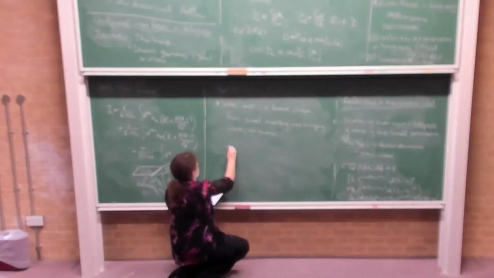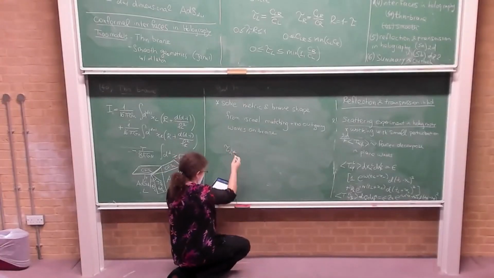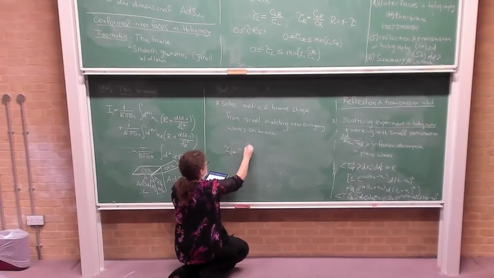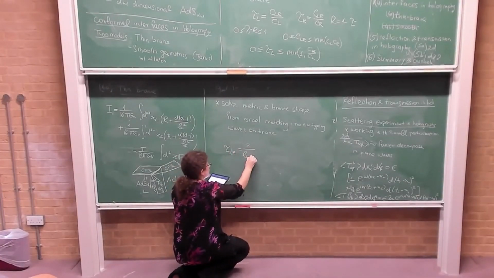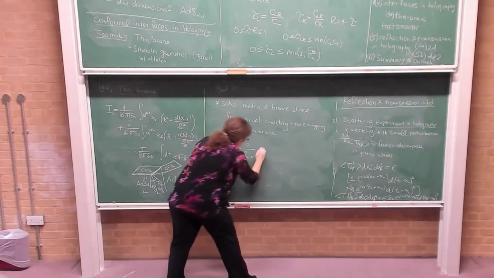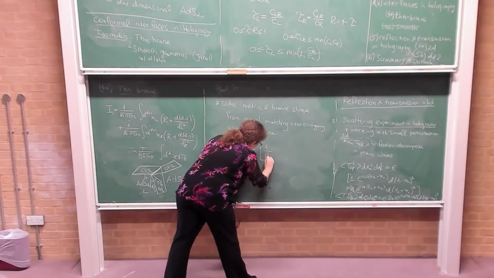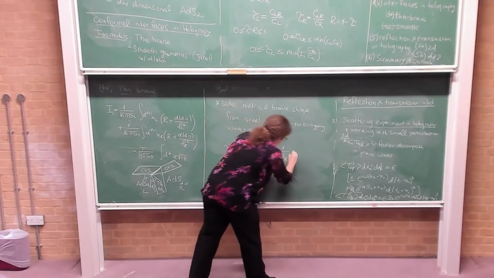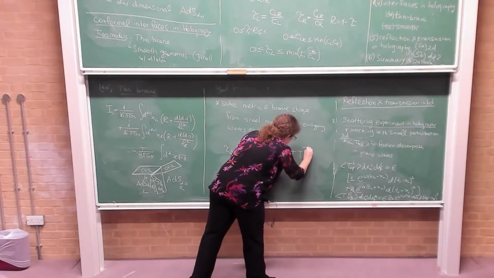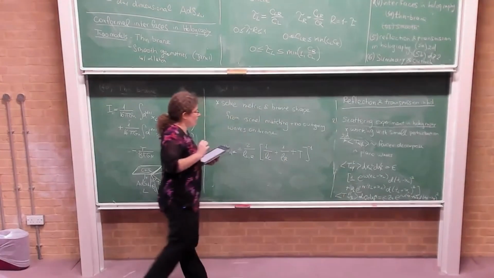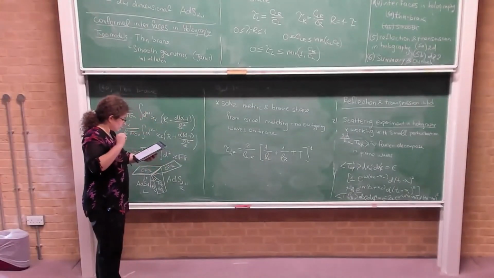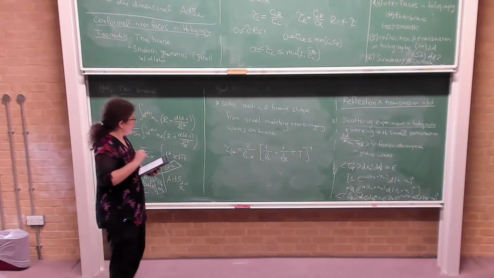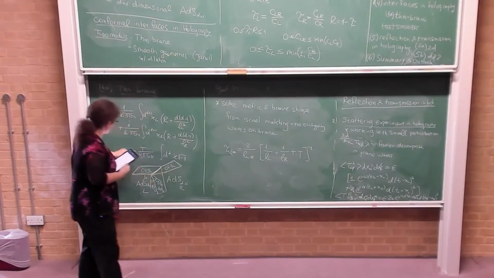So in 2D, the transmission from the left or the right is 2 over L left or right, over 1 over L left plus 1 over L right plus the tension, to the -1. Yes, the tension, exactly.